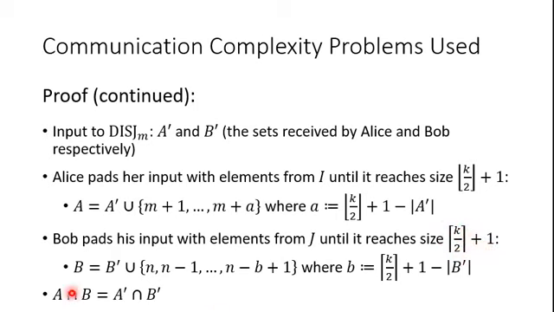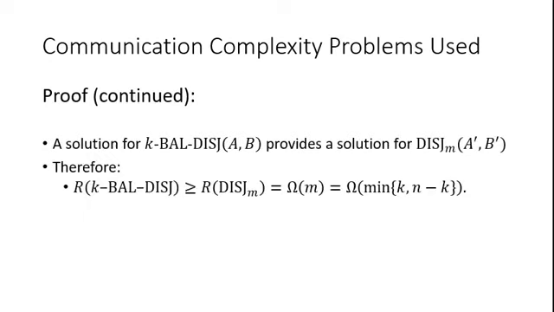We can see that the intersection of A and B is exactly the intersection of A prime and B prime, simply because, as mentioned before, the padded sets are disjoint. So a solution for k-balanced disjoint of A and B provides a solution for disjoint m using A prime and B prime. That's how we get the reduction.